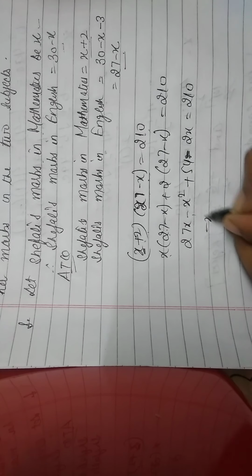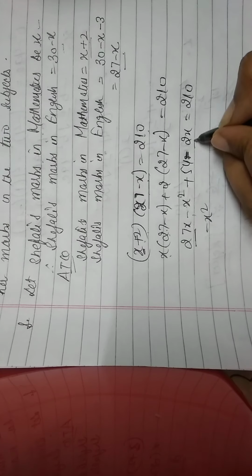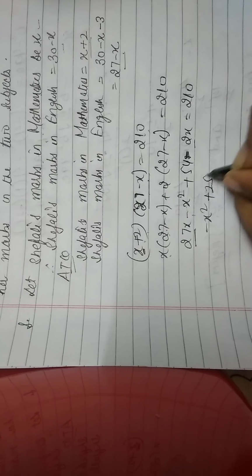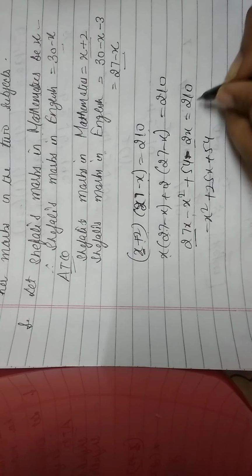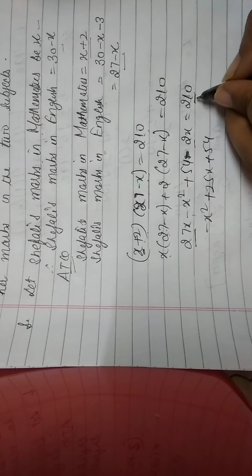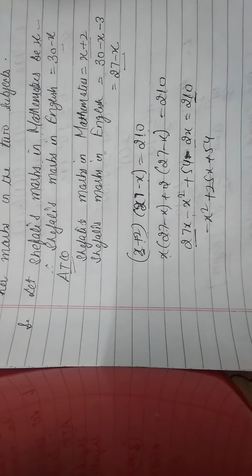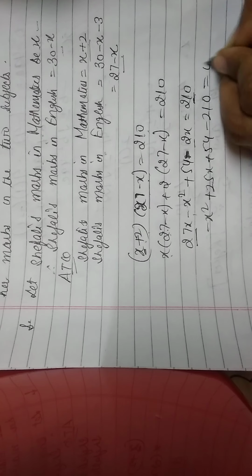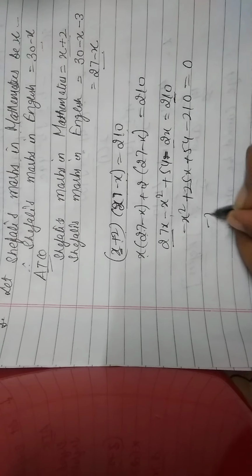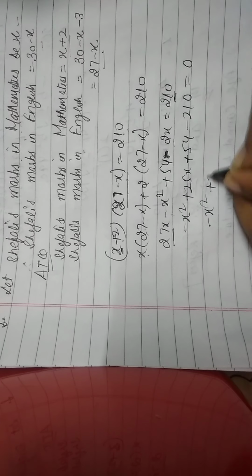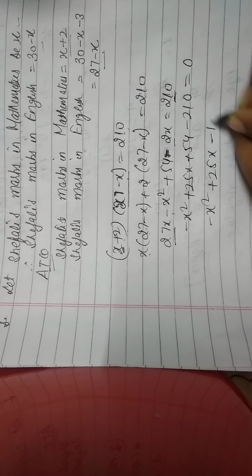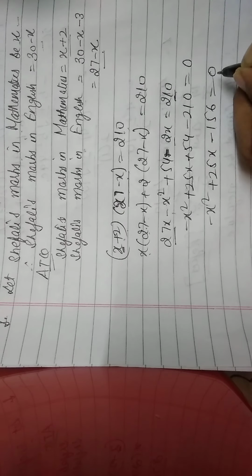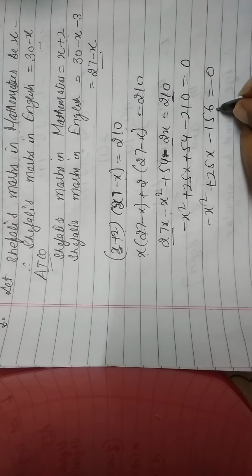Now minus x square, 27x minus 2x that is 25x, plus 54. Shift to the left side by changing the sign and make the equation equal to 0: minus x square plus 25x minus 156 equal to 0, which is a quadratic equation in variable x.